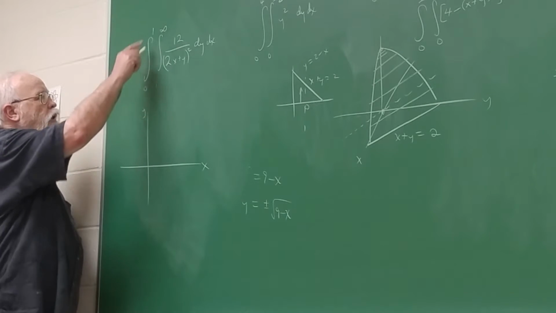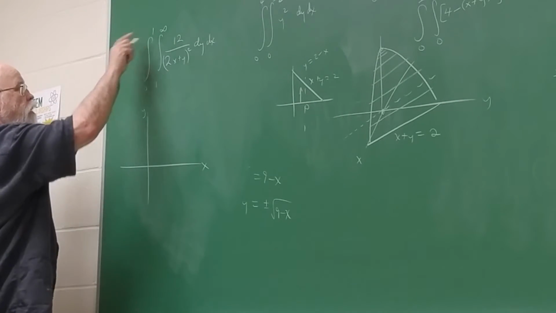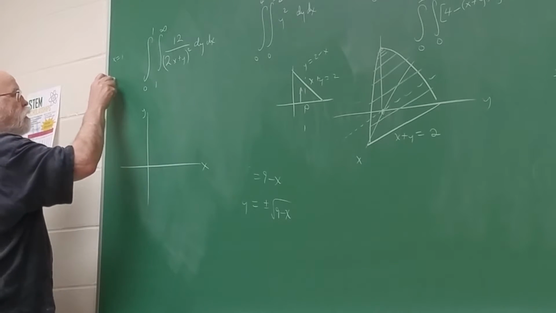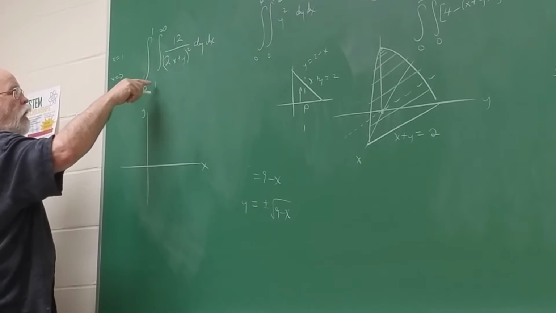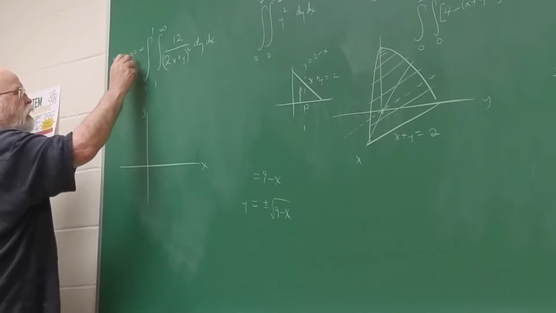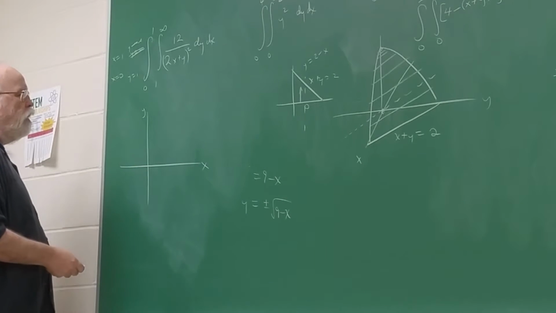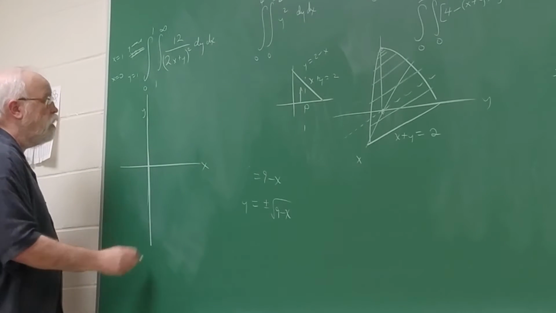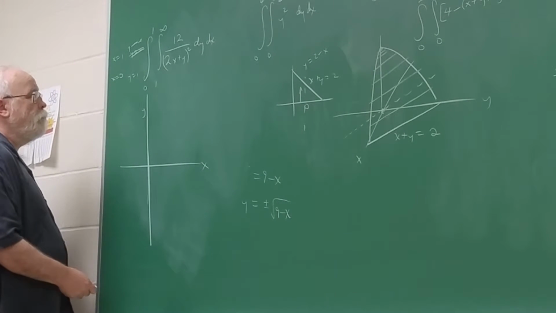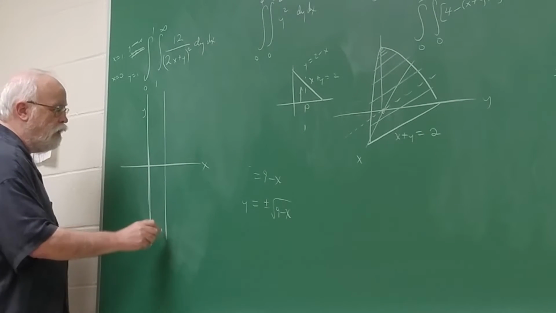So you just write down 4 equations here: x equals 1, x equals 0, y equals 1, and y goes to infinity. Is it going to be like a rectangle that keeps going? Just get a rectangle that keeps going, that's precisely right.